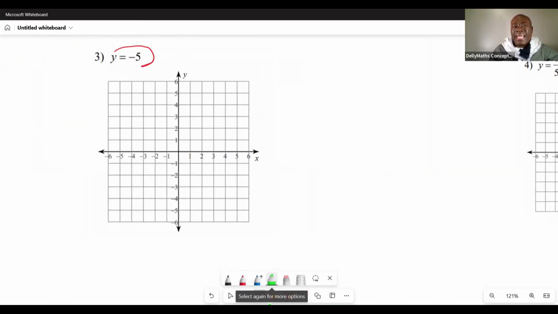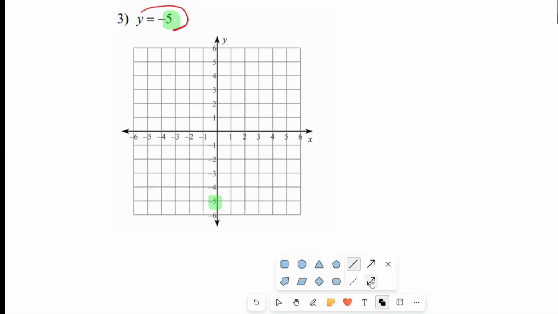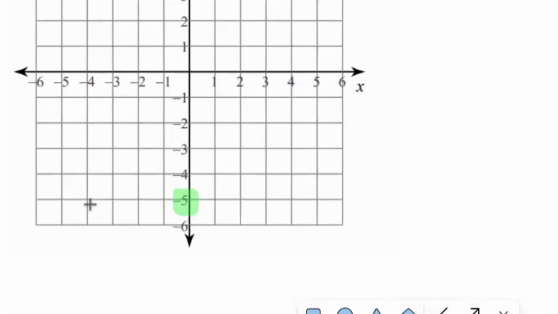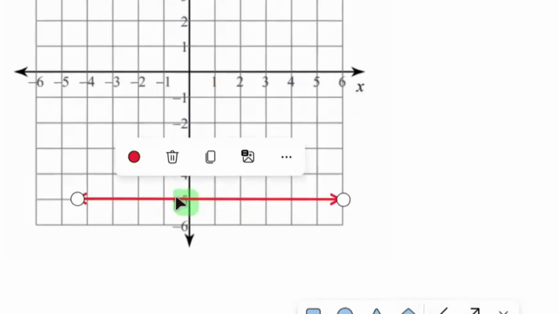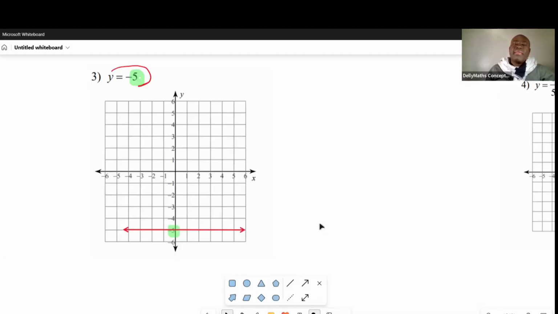So where that -5 is on our y-axis, it's right here. So all we're going to do now is just to draw a line through -5, like this. And there we have it. So that is the graph for y is equal to -5.